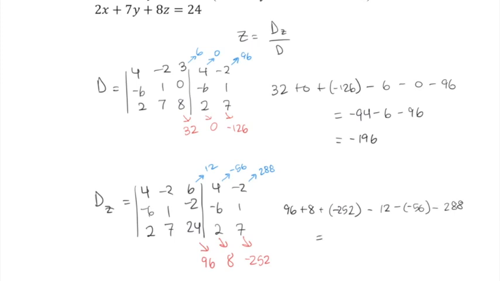These numbers, those first three at least, combine to -148 minus 12 plus 56 minus 288. Combining all of those makes -392.